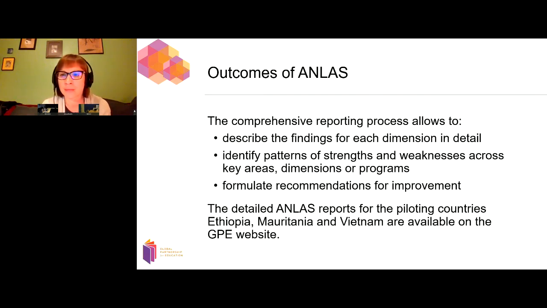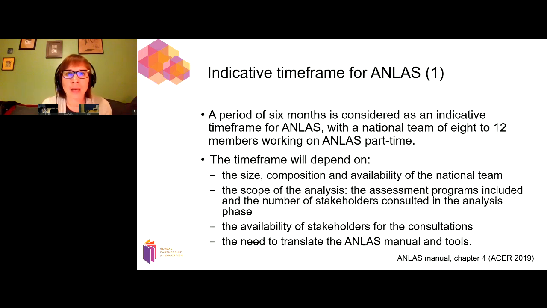Next, please. I'm coming to the final set of slides for my presentation, which is to give you an indicative time frame for ANLAS. In principle, a period of 6 months is considered an indicative time frame, with a national team of 8 to 12 members working on ANLAS part-time. But the time required really varies depending on the resources and needs of each country.